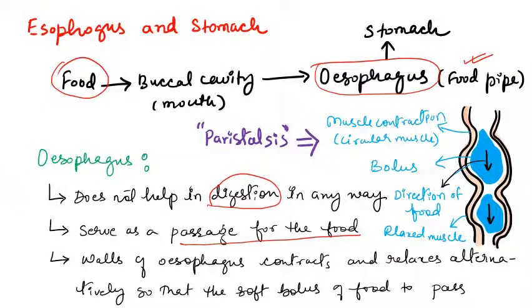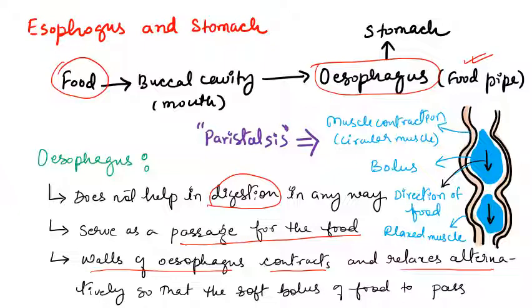Here one important thing you have to know about the esophagus is that the walls of the esophagus contract and relax alternately so that the soft bolus of food passes from the mouth to the stomach.